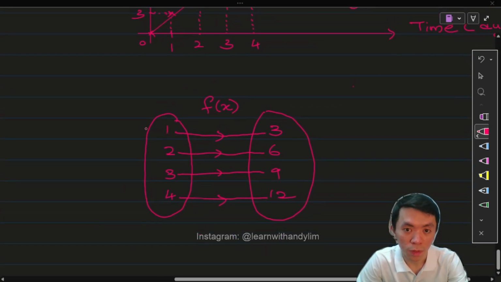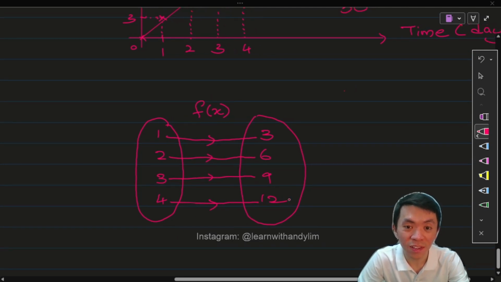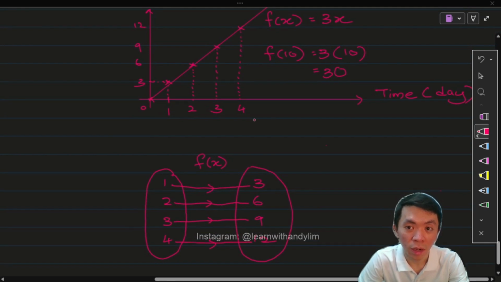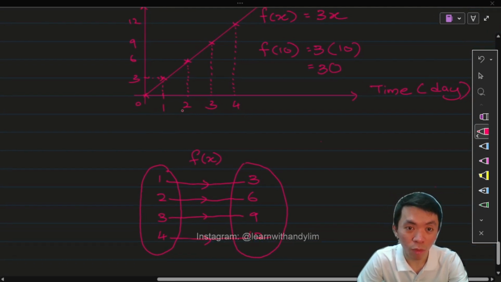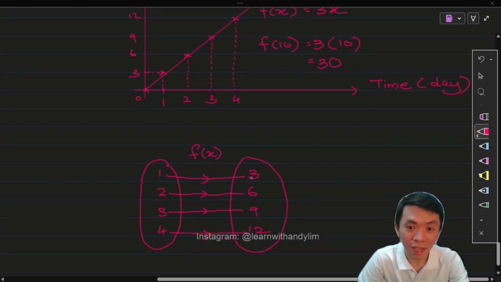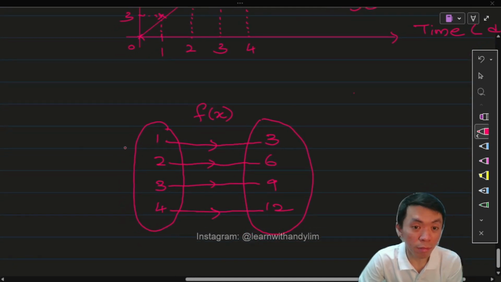You all need to know that if the data is represented in this way, I have the same exact data right here. On the x-axis, I have 1, 2, 3, 4. It is represented on the left side. And the y-axis is represented on the right side. You need to know that my left side is input. It is object.